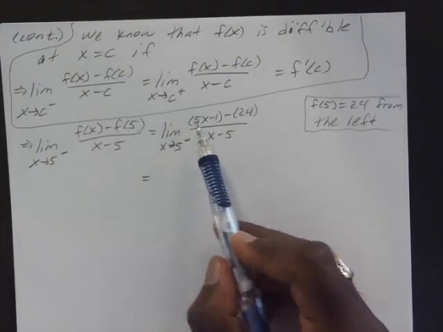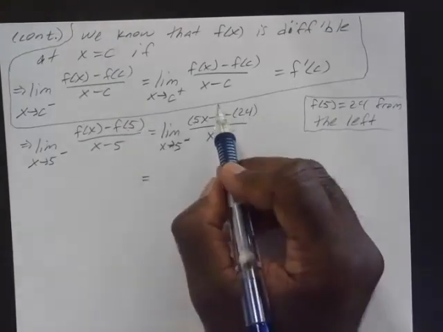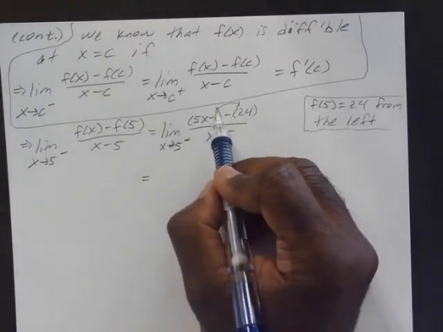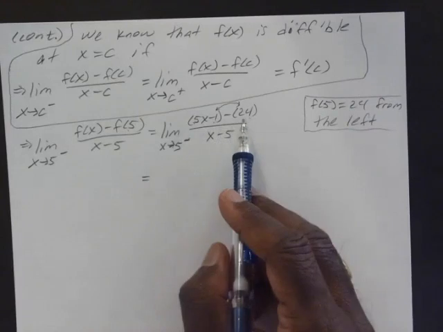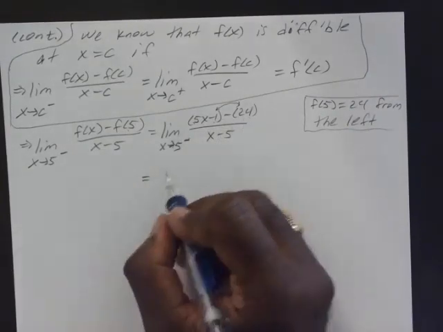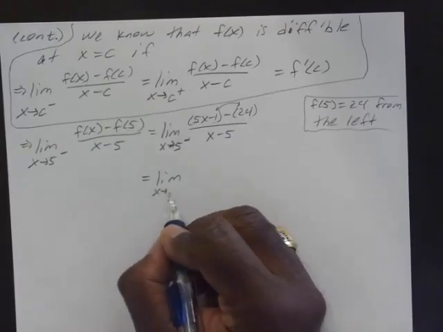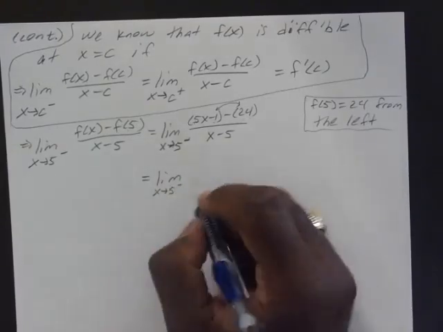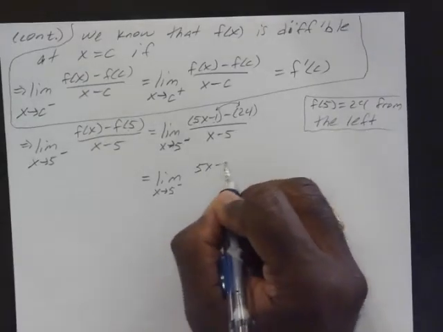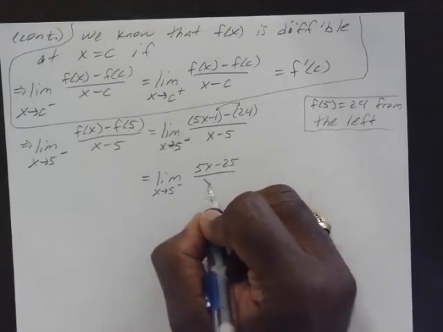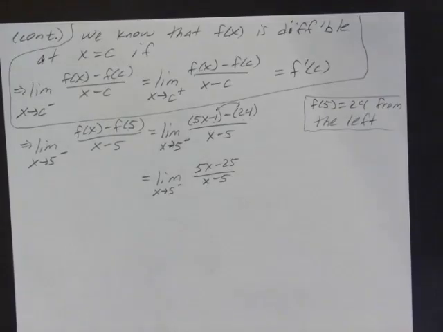Well, we have 5x minus 1 minus 24. Go ahead and combine these two. That's 5x minus 25. So we can rewrite that as the limit as x approaches 5 from the left of 5x minus 25 divided by x minus 5.